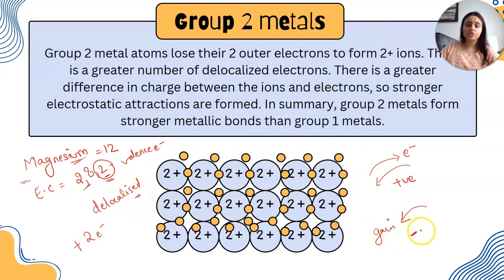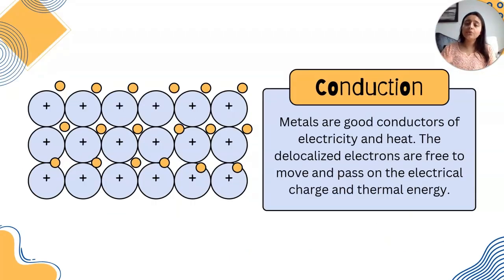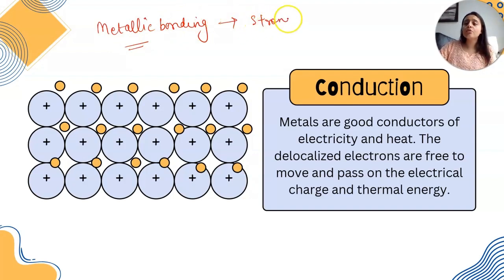That is why this metallic bonding, which leads to electrostatic force of attraction and is present inside the metallic elements, leads to stronger electrostatic force in them. And due to this stronger electrostatic force of attraction, it leads to conduction.